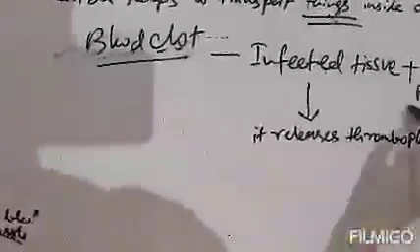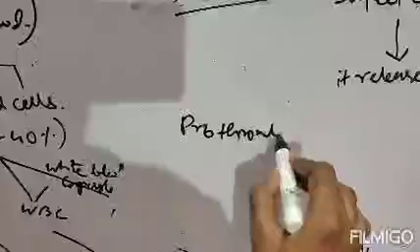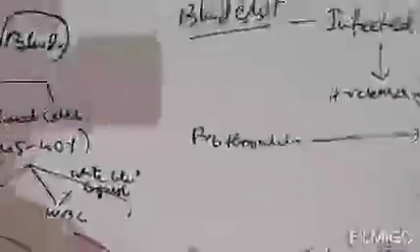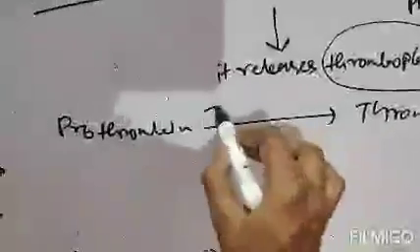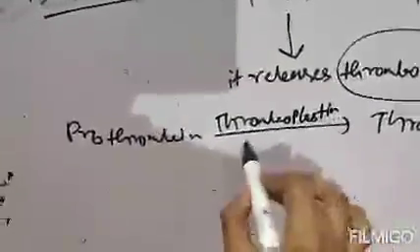Now thromboplastin releases a special hormone which is known as prothrombin. This prothrombin converts to thrombin. This is the step-by-step process. Thromboplastin releases the special hormone prothrombin, and it converts to thrombin by combining with thromboplastin, which contains calcium plus.